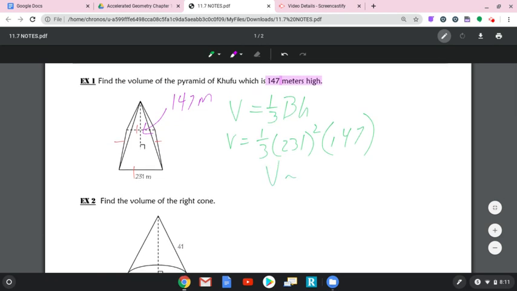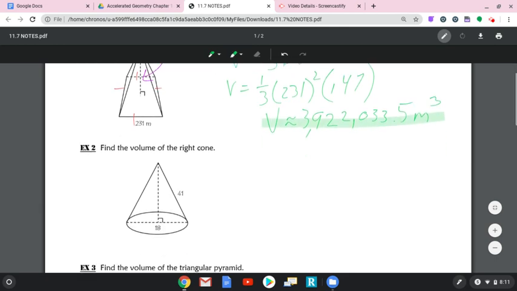The approximate volume of that pyramid would be 3,922,033.5 meters cubed. That would be the volume of my pyramid.